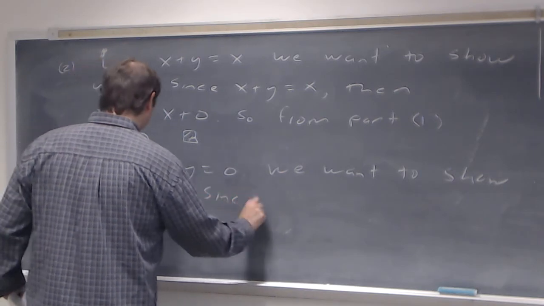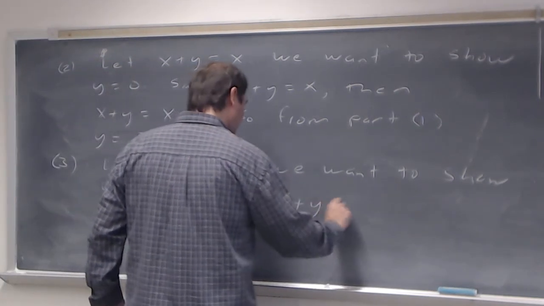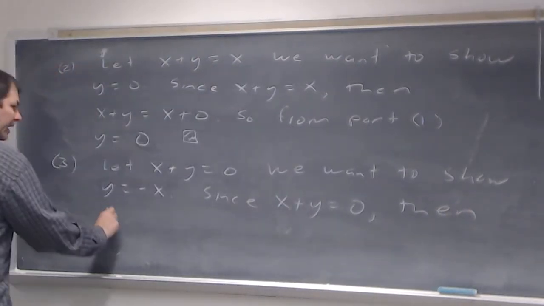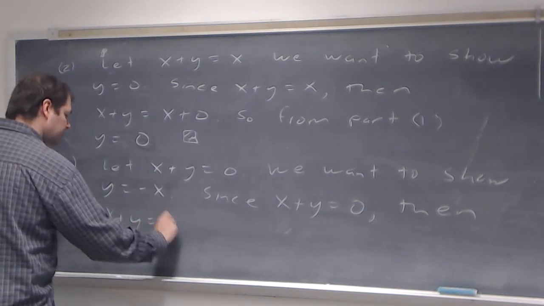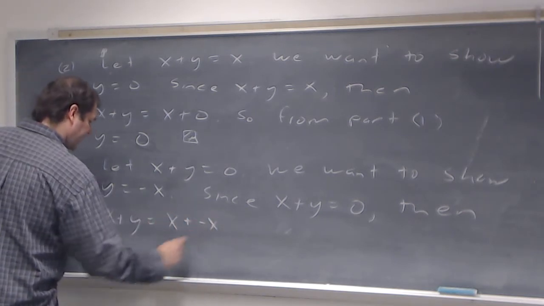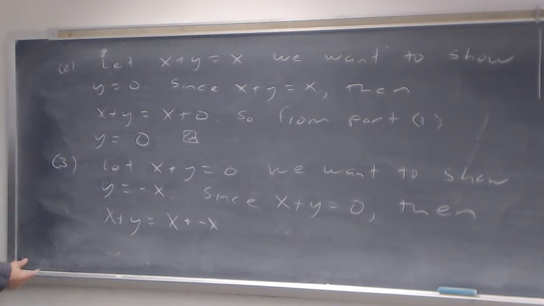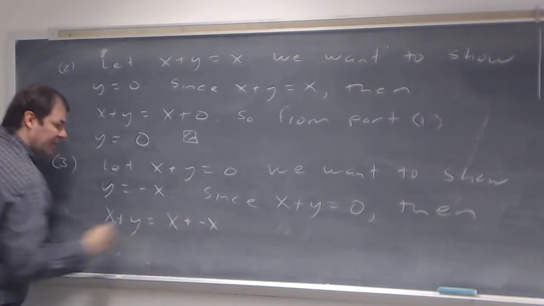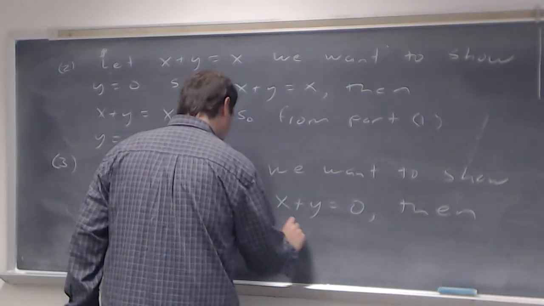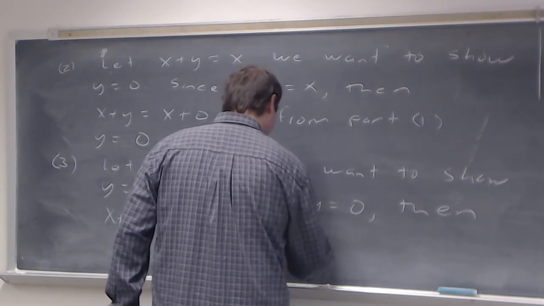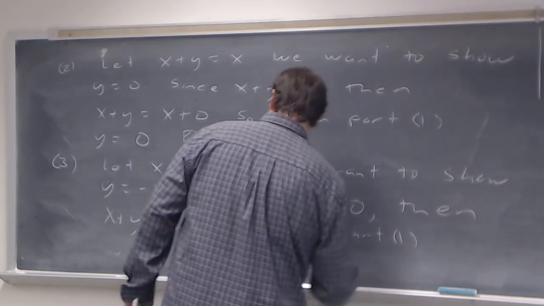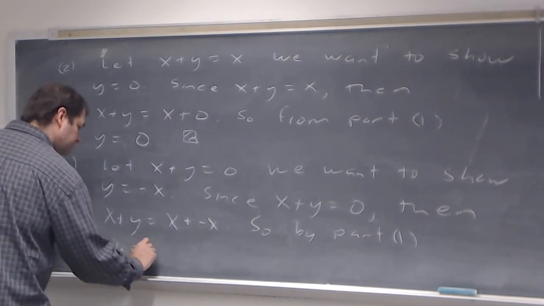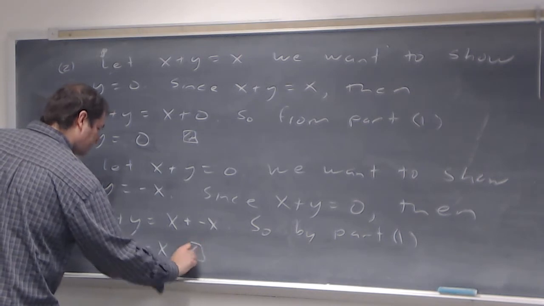So since x plus y equals 0, then we have that x plus y is equal to x plus minus x. And again, from part 1, if you have x plus y is equal to x plus z, then y has to equal z. So here, by part 1, y has to be equal to minus x. And that ends that proof.